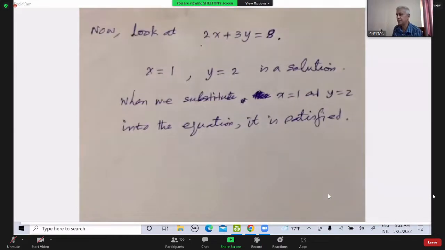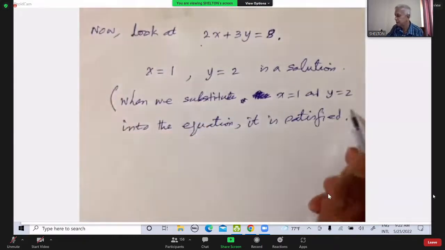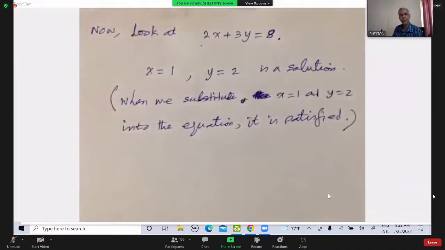Therefore, it is a solution. Is a solution clear? Give me another solution.